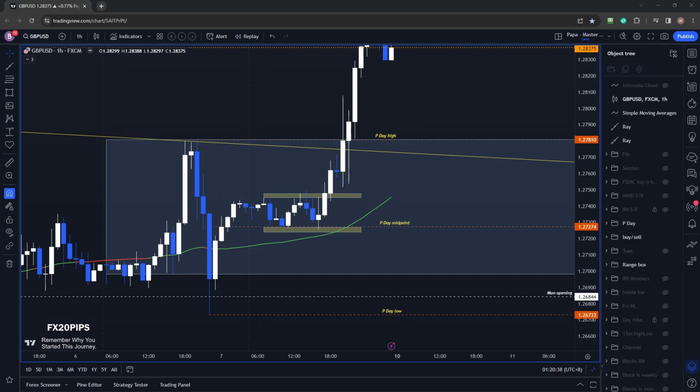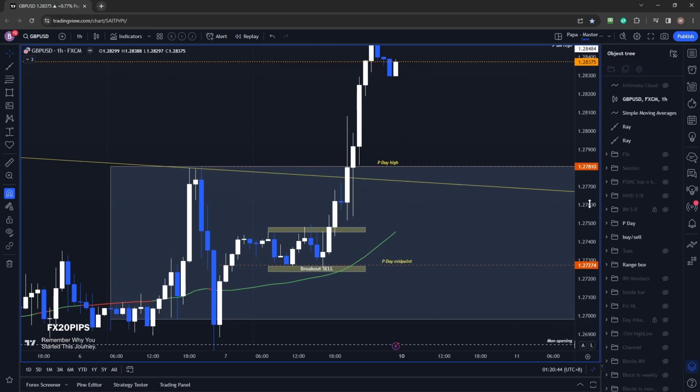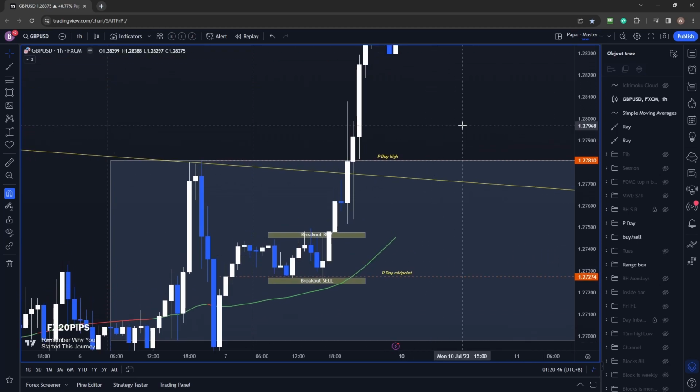Now let's go to the breakout buy and sell on its own. Now look at the time, and you can see that this is the 8 hours candle. We are at a 1 hour chart, so this is the 8 hours candle.